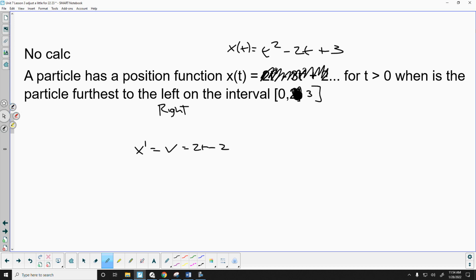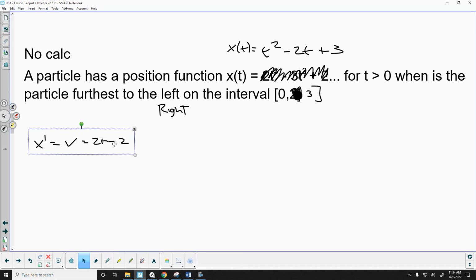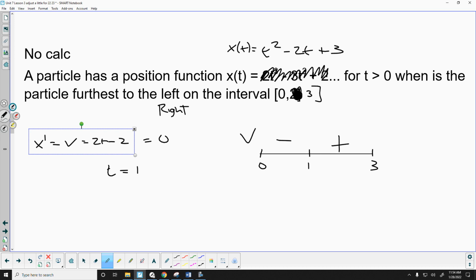Velocity is 2t minus 2. I set that equal to 0. I get 1. Really it's going to be similar to the one that I just did. I'm looking between 0 and 3. If I plugged in something like 0.5, this would be negative. If I plugged in something like 2, this would be positive. This is my velocity, the derivative of position.